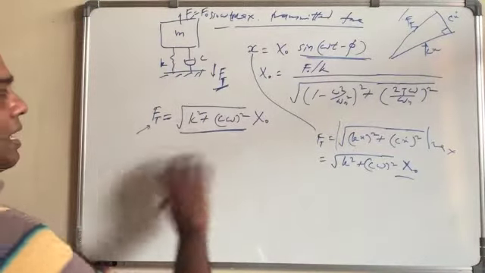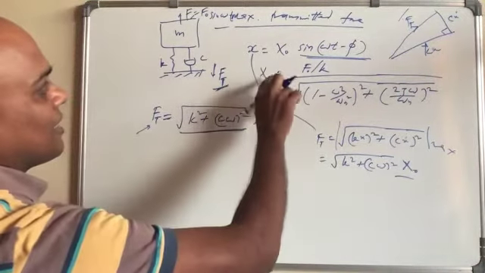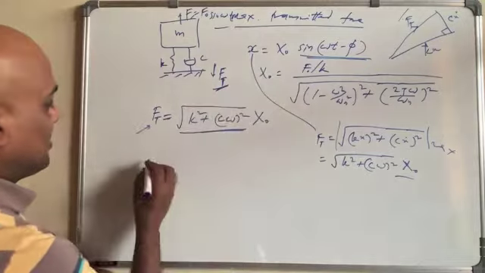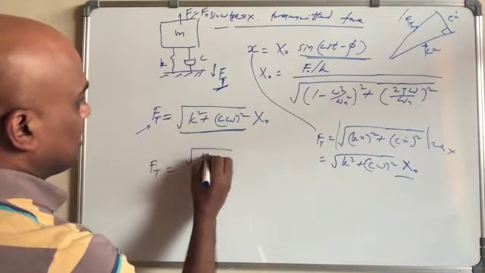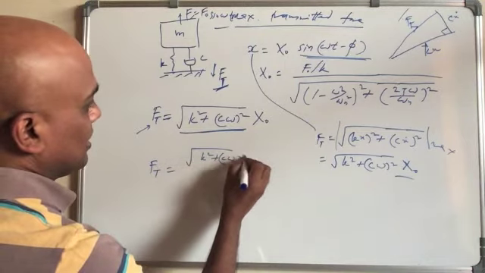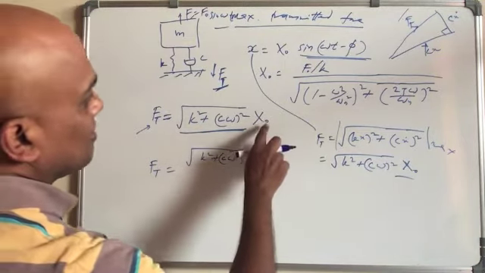Now from here you can go to the ft. So ft becomes root of k square plus c omega square multiplied by x naught.